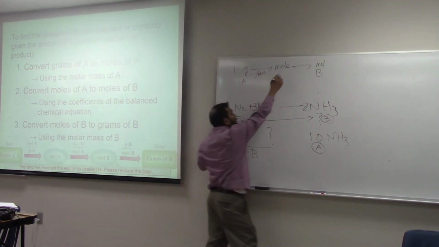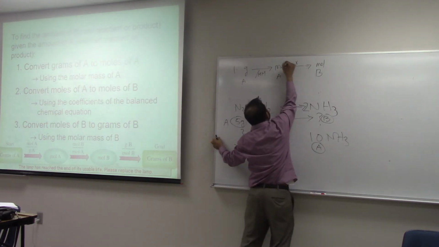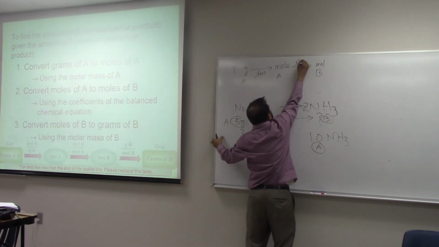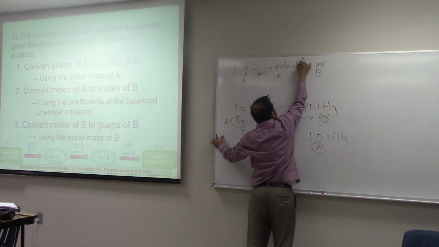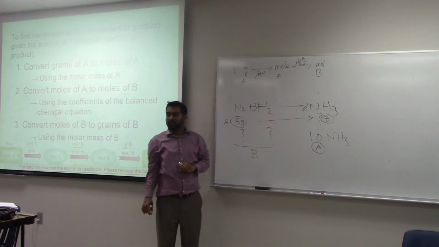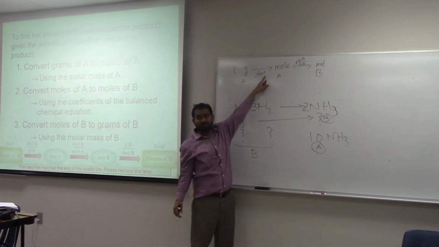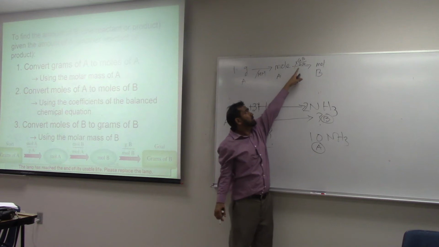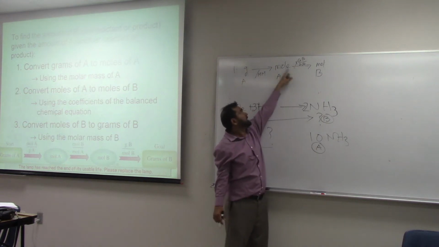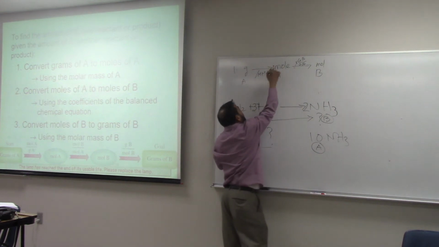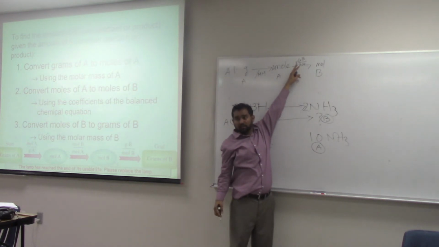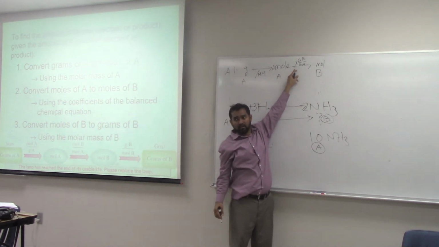So multiplying by coefficient of B over coefficient of A. Because A already got more. To cancel A out, you have to multiply by B over A.